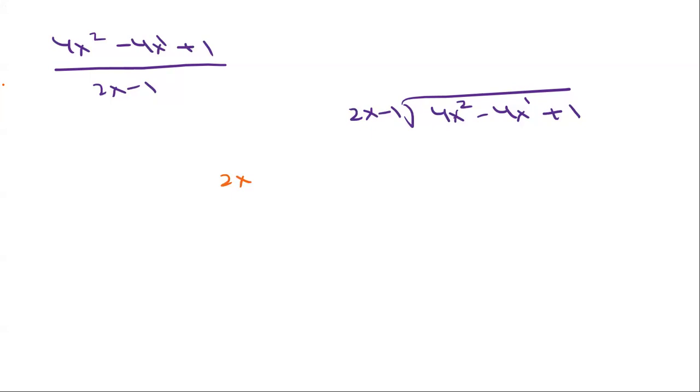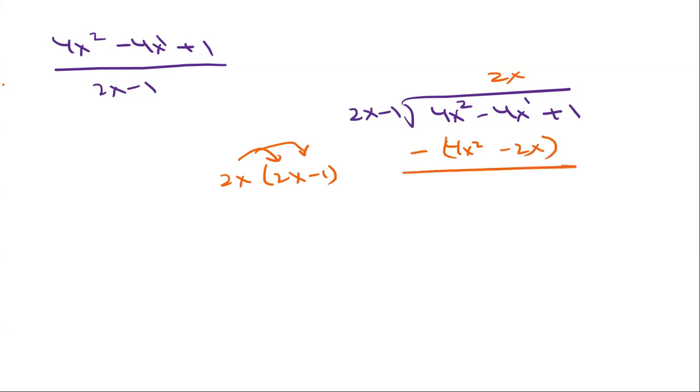So we will put 2x over here. We're going to multiply this 2x by the 2x minus 1, and then we're going to distribute. So 2x times 2x is going to give me 4x squared. And then 2x times negative 1 is going to give me minus 2x. Then we subtract.